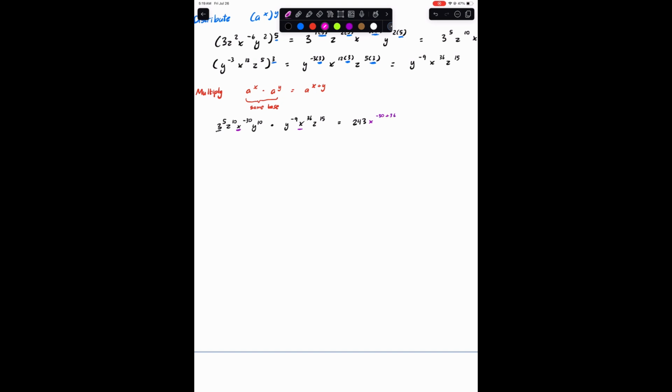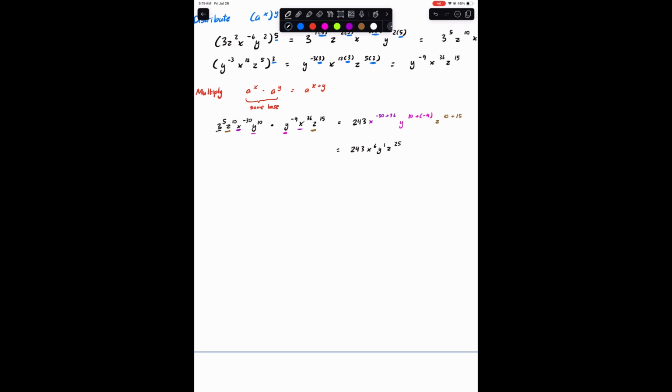We'll use pink for the y's now: y to the 10 plus negative 9. And then brown for the z's: z to the 10 plus 15. Now we can simplify this down to 243 x to the 6, y to the first, z to the 25th.